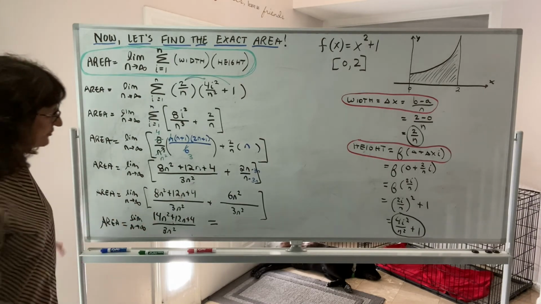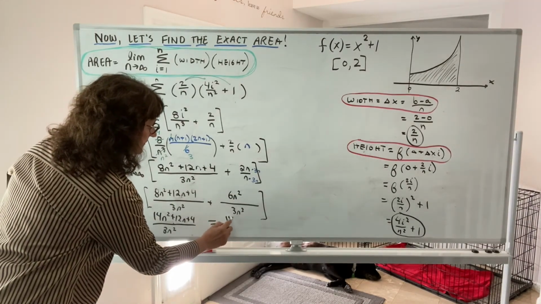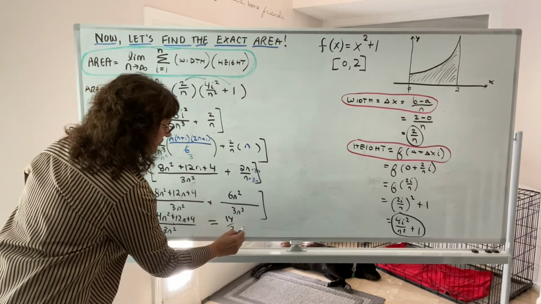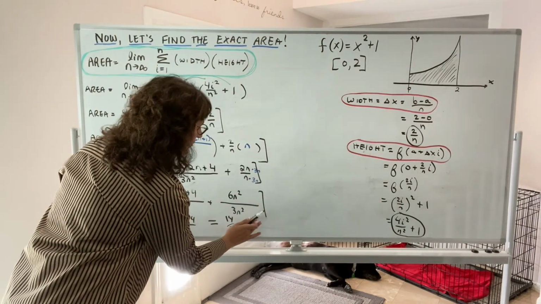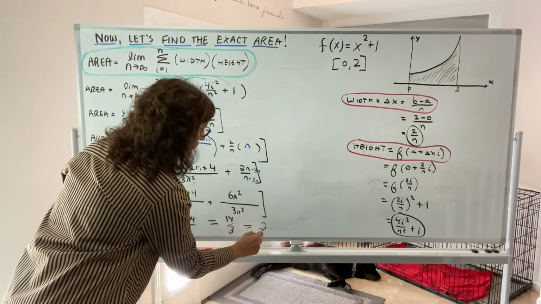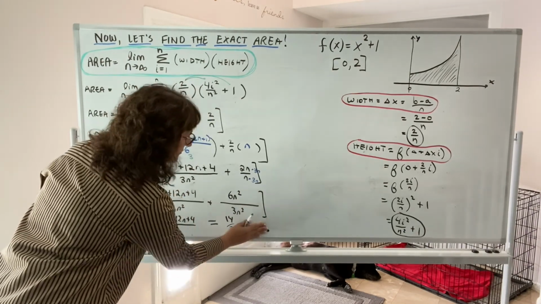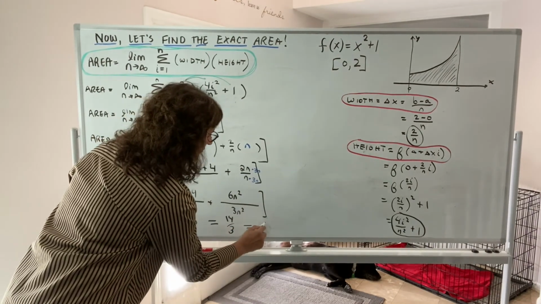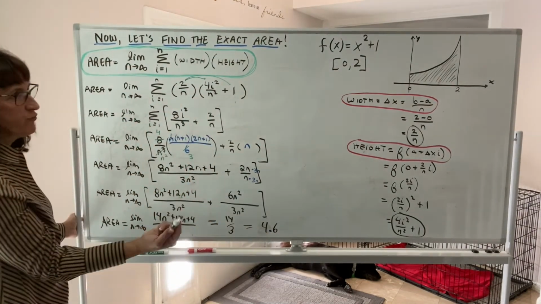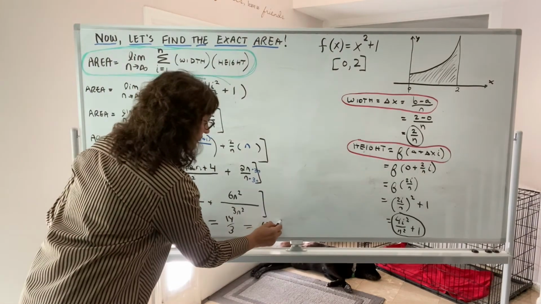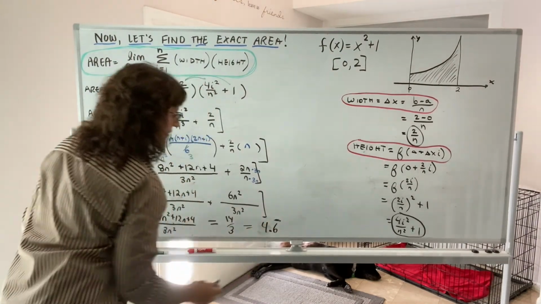Powers are the same, so 14 thirds. If you want to write this as a decimal, 14 divided by 3, that would be, whoops, I'm sorry, 4.6 repeating. 3 goes into 14, 4 times 3 is 12, so 4.6 repeating.